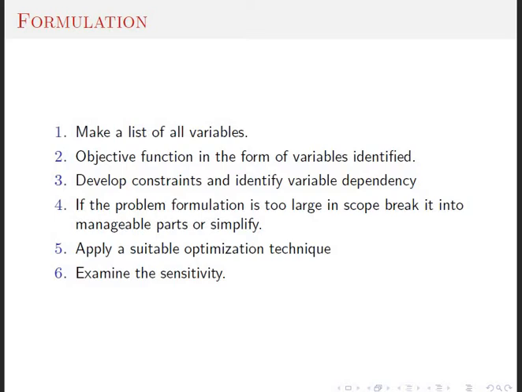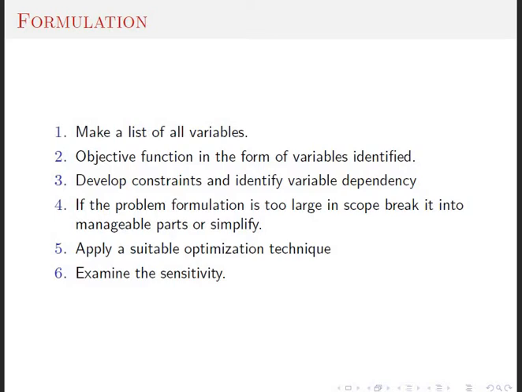Secondly, develop a mathematical expression that relates the input-output variables of the process and associated coefficients. This expression includes both equality and inequality constraints. It must use well-known physical principles. From this, identify the independent and dependent variables to get the number of degrees of freedom.